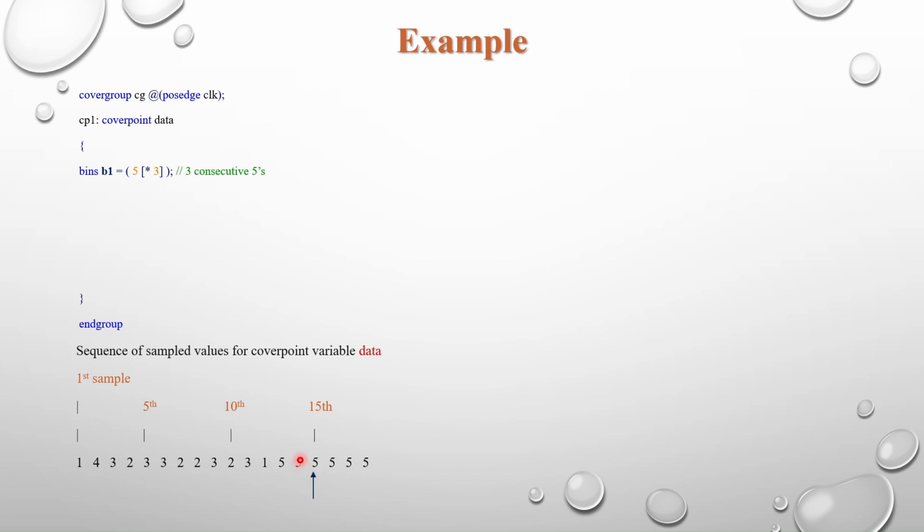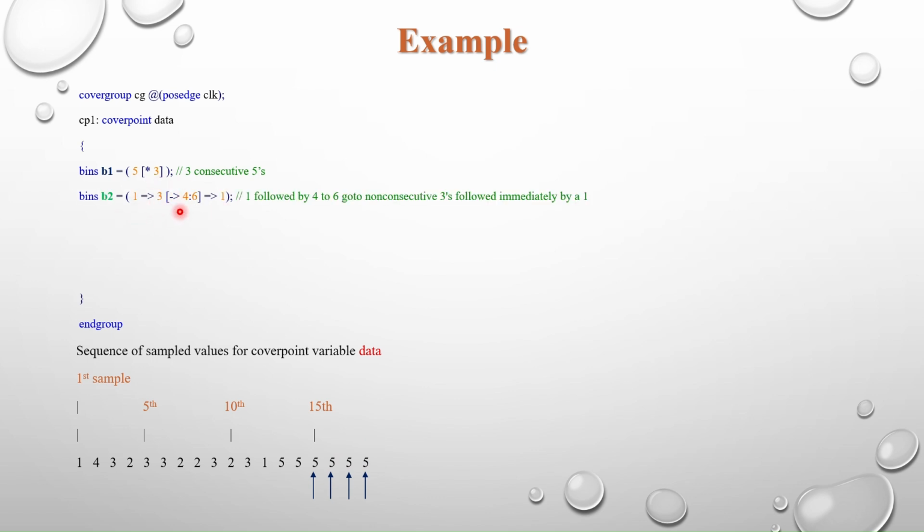After that, from the next value, count 1, 2, 3: covered 2 times, and again 1, 2, 3, the third time, and again 1, 2, 3. So in total B1 is covered 4 times. This is how to see the coverage. I'm just showing the representation, but you will see bin B1 covered 4 times. The next one is 1 followed by any value then 3.